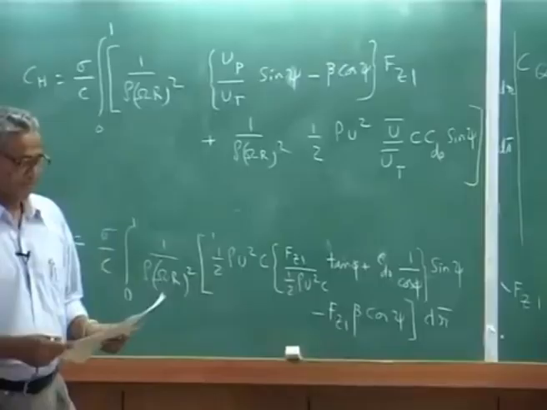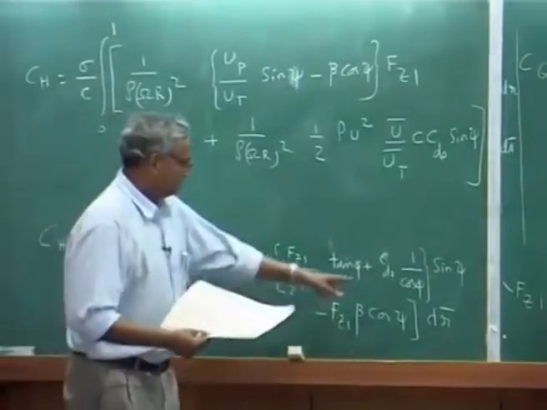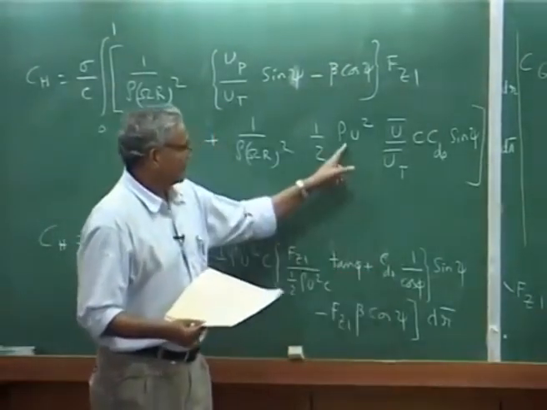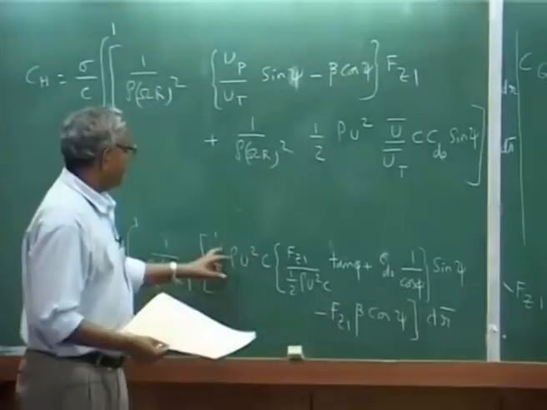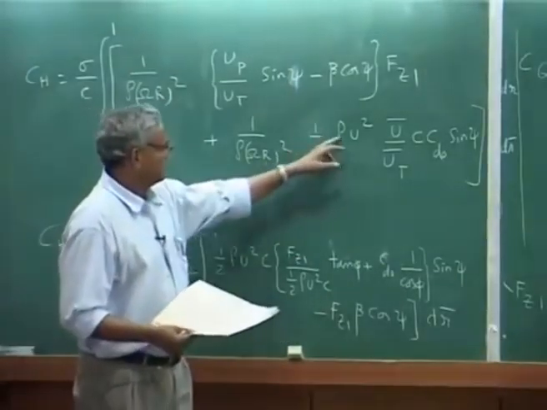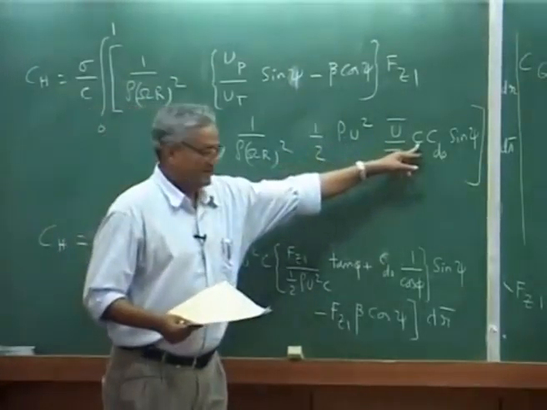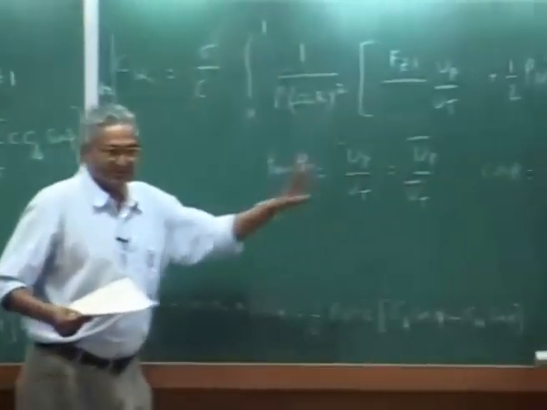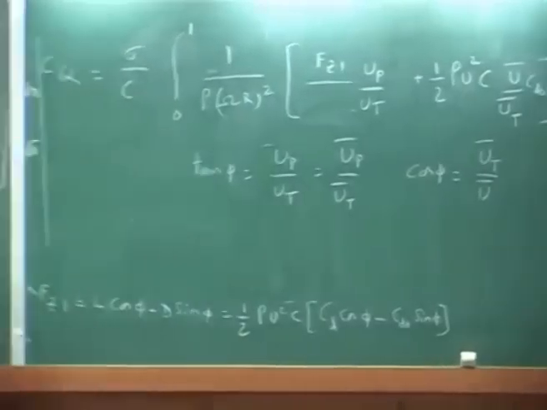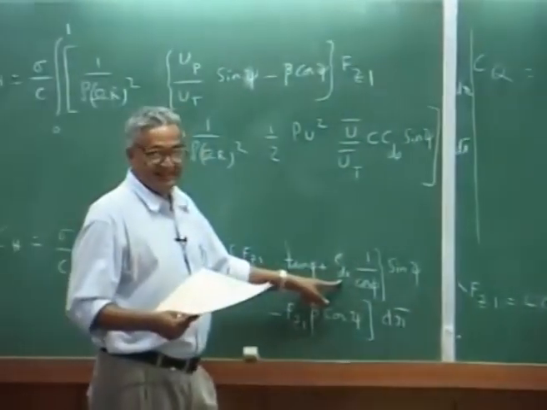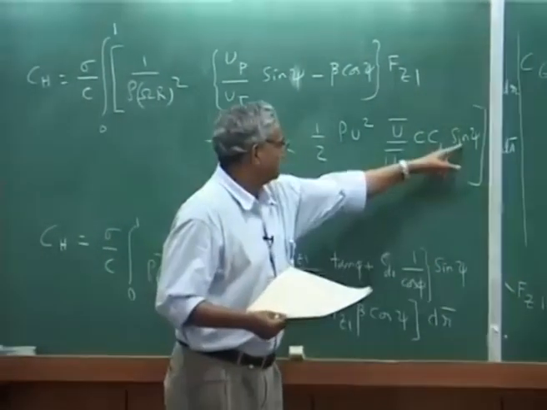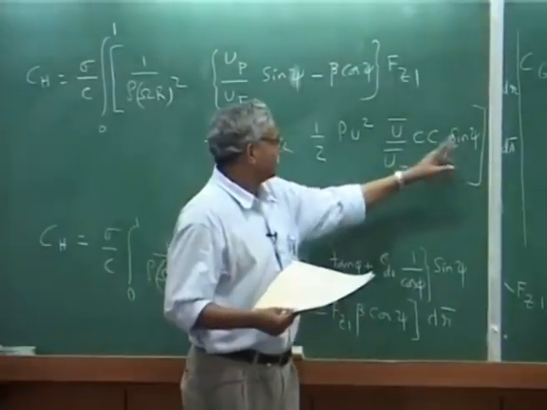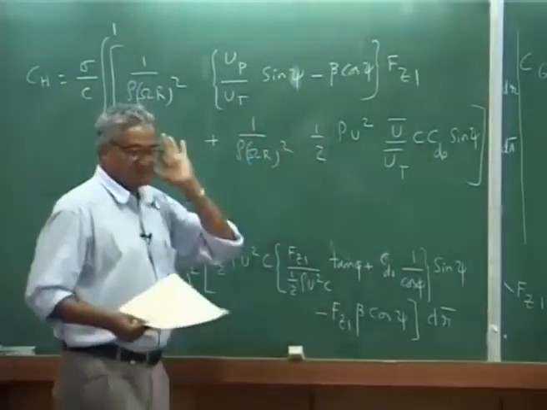Is it okay? I am taking half rho U squared c, cosine phi, that is given U_T by U, that is what is coming here, and then there is C_D0 sin psi, and this is the remaining expression.